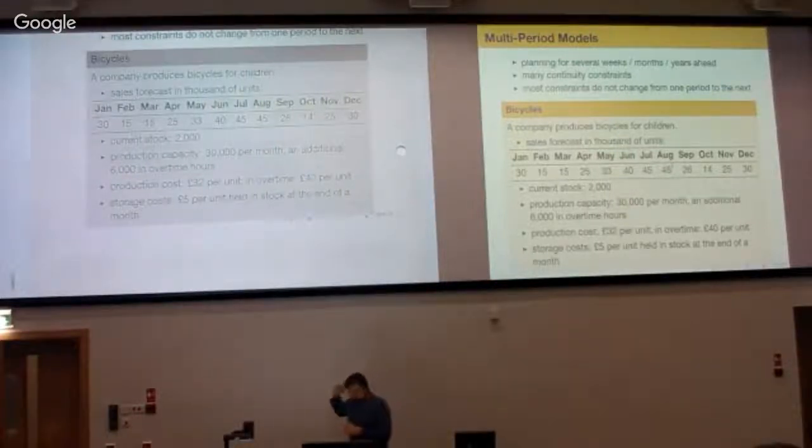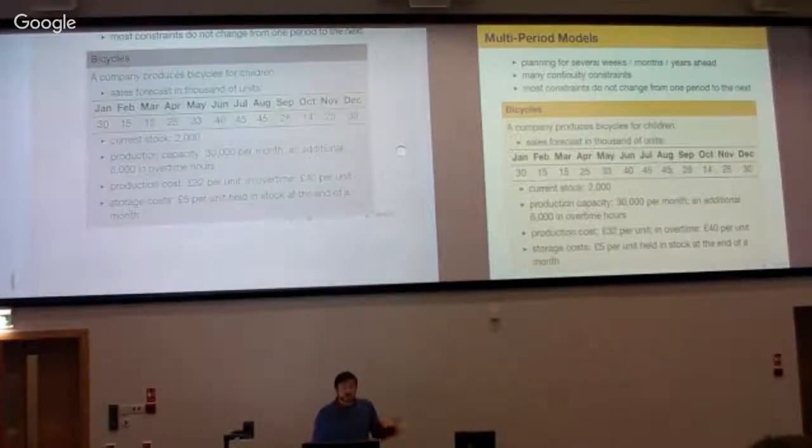Now, however, you want to satisfy everybody who wants to buy a bicycle. So, because in June, July, and August, people will want to buy more than 36,000, you will have to produce something in advance, perhaps in winter, and then store it, and then sell it in the summer.